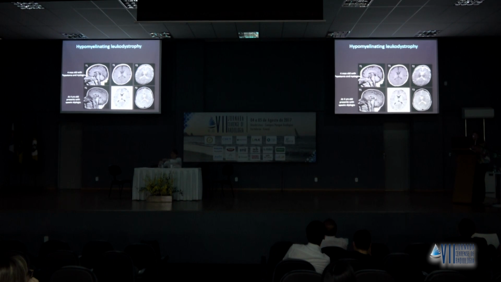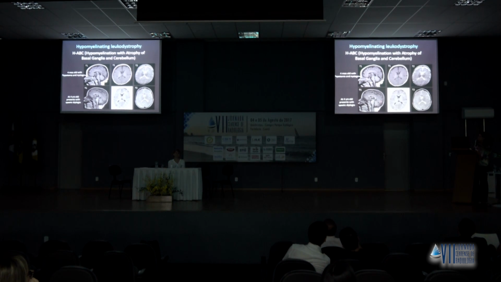So this is what hypomyelination looks like on T1 and T2 weighted imaging. And this is HABC syndrome, which stands for hypomyelination with atrophy of the basal ganglia and cerebellum. And I forgot to point out that you can see the thalami and the basal ganglia look sort of dense and small. So the combination of these findings can lead you to this diagnosis.